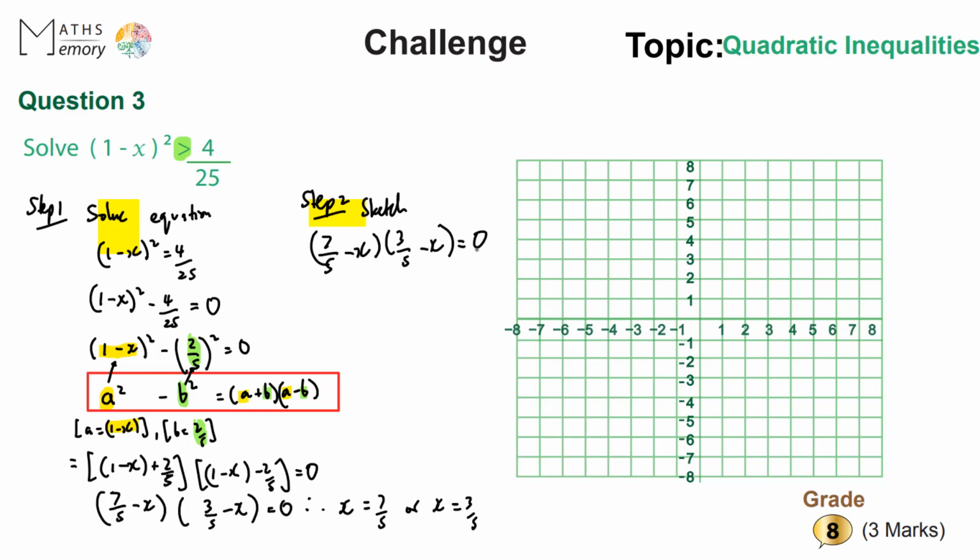So x is 7 over 5, or 1.4 over here, and x would be 3 over 5, which is 0.6 over here. It's quite squashed up, in fact.